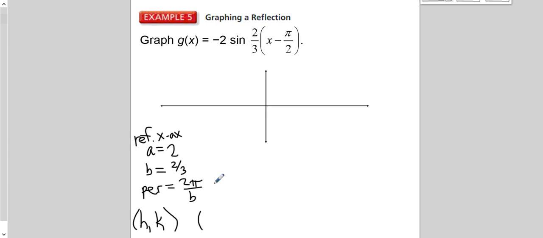So the period is 2 pi divided by 2/3, which is 2 pi times the reciprocal of 2/3. Three pi.